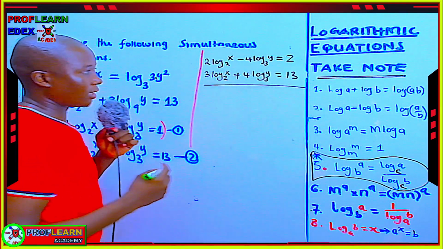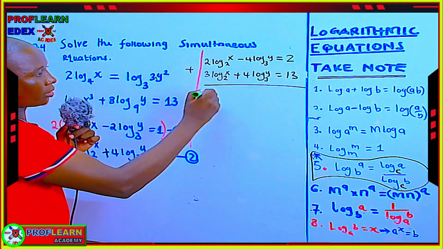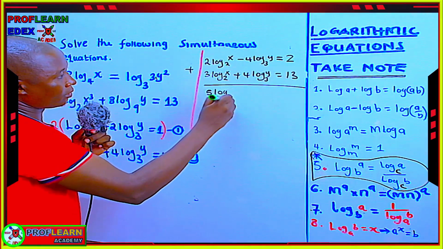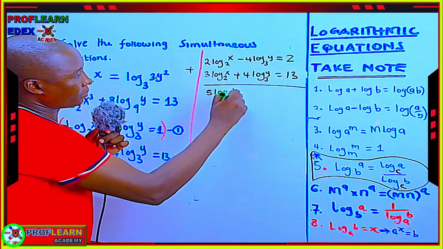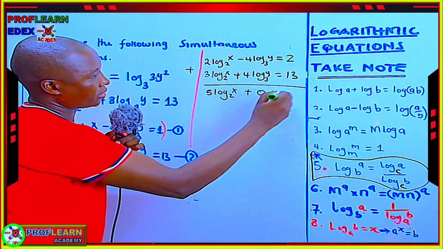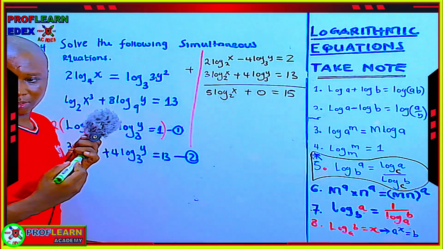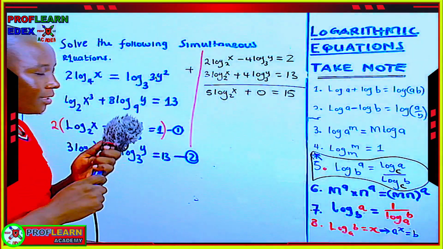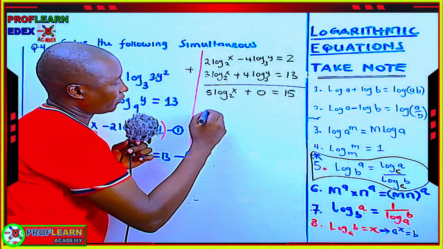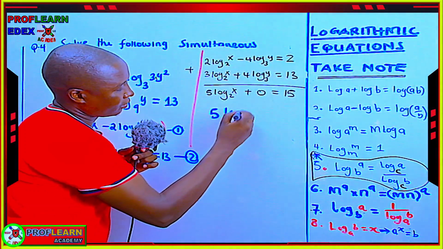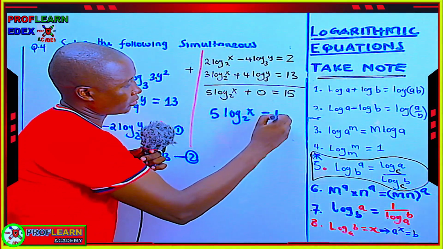If we add the two equations together, we are going to have 5 log x base 2 plus 0 is equal to 15. So we have a nice equation which we can solve: 5 log x base 2 is equal to 15.